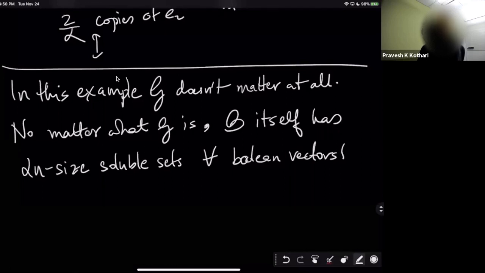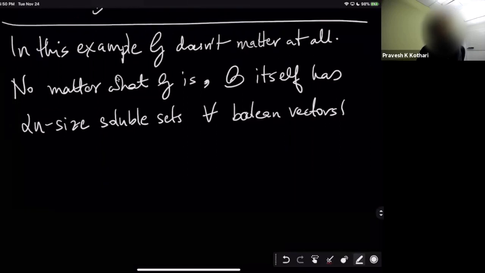Good. So we've got to modify our test. If we have any hope of succeeding even for some good enough good parts, we've got to modify our test. This cannot be our test. And what is the thing that failed here? One thing that we absolutely have to ensure is that the adversary, the prover, should not be able to play this game of constructing soluble sets and giving us equations only from the bad part.